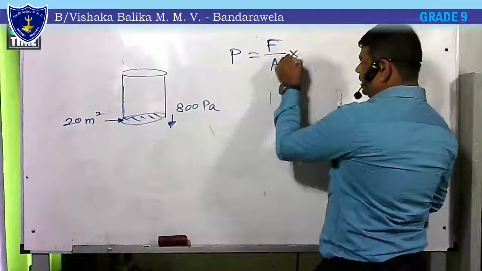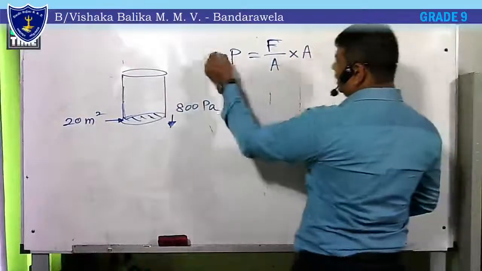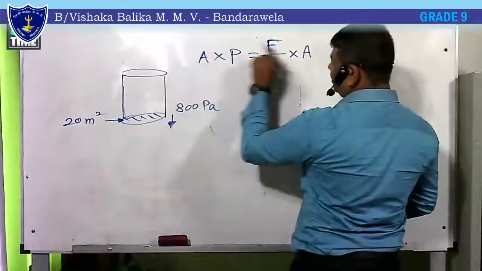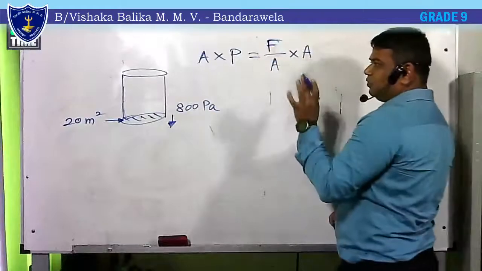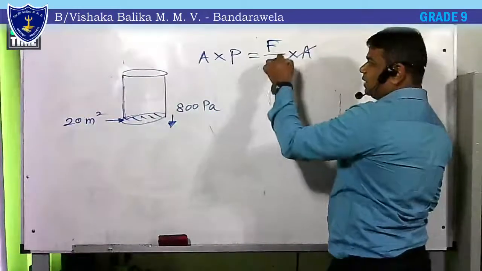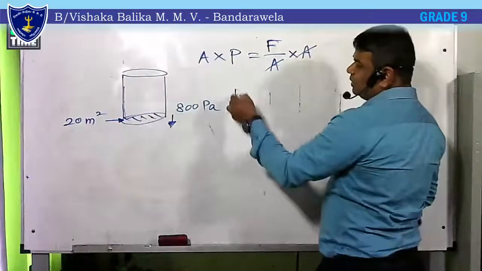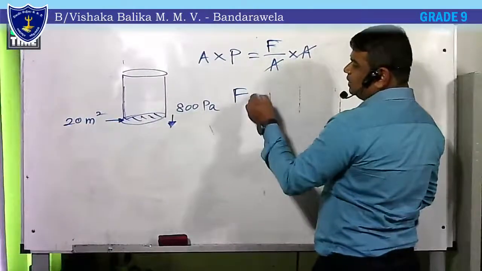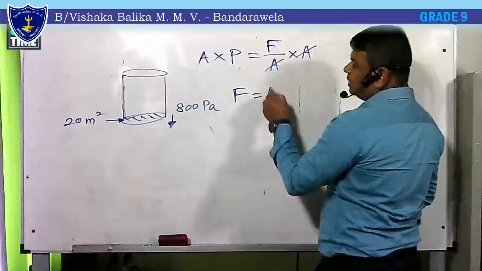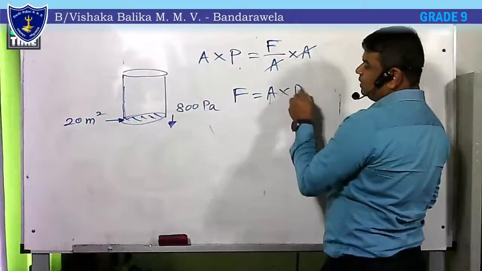Simply, if you multiply this side by area, this side also by area, you can take only F. So cut off A and A, force will be the remaining one. Then force equals area multiplied by pressure.